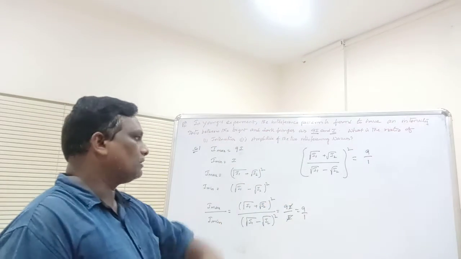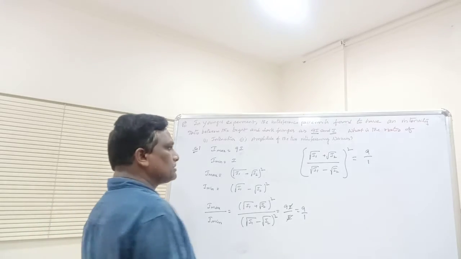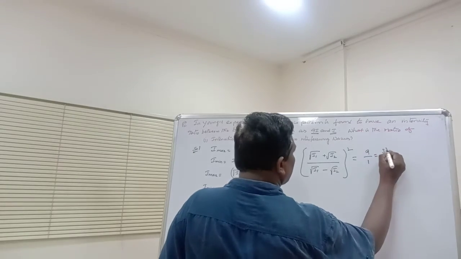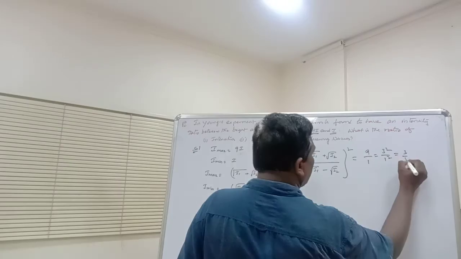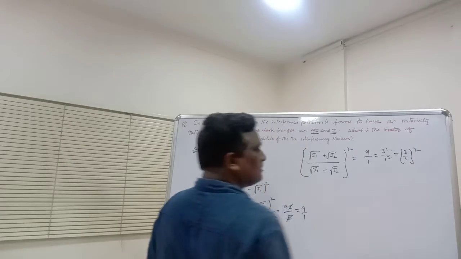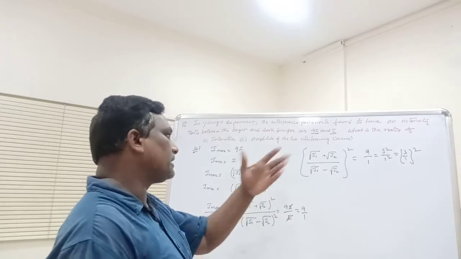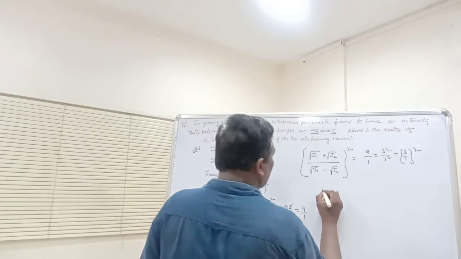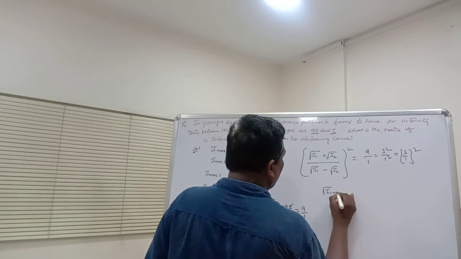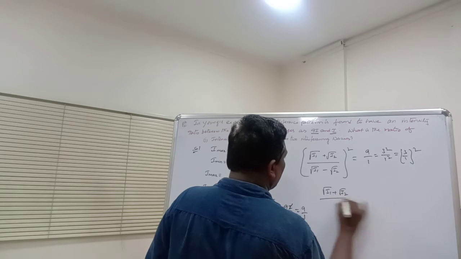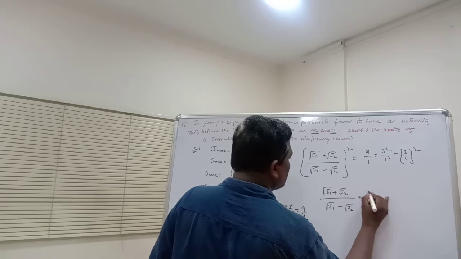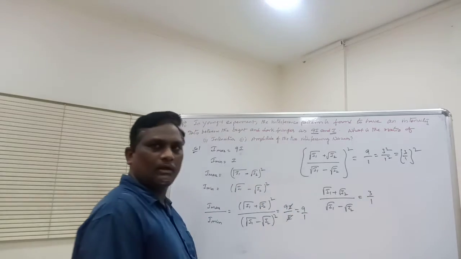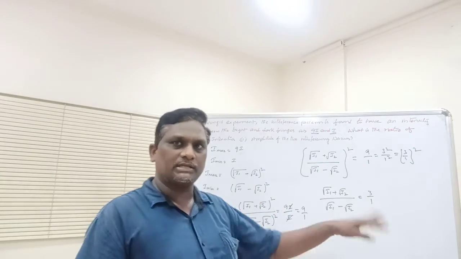So you write this 9 by 1 as 3 square by 1 square, means 3 by 1 whole square. On both sides you take the square root, so that is root I1 plus root I2 divided by root I1 minus root I2 is equal to 3 by 1.